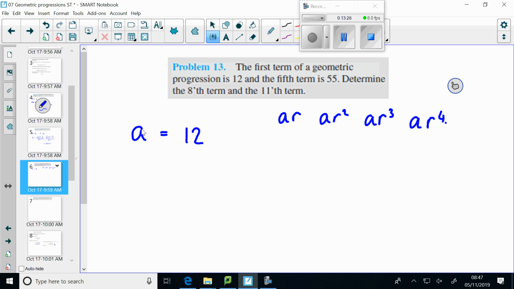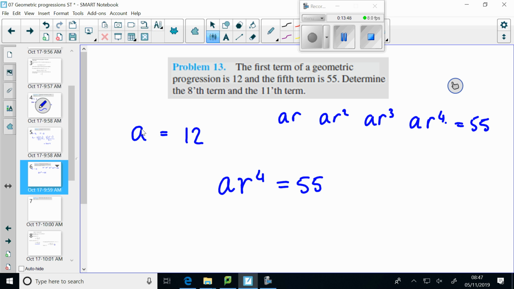From that, we know that ar to the 4 is equal to 55. That's the hook into this question. Draw that down here: a times r to the power 4 equals 55.